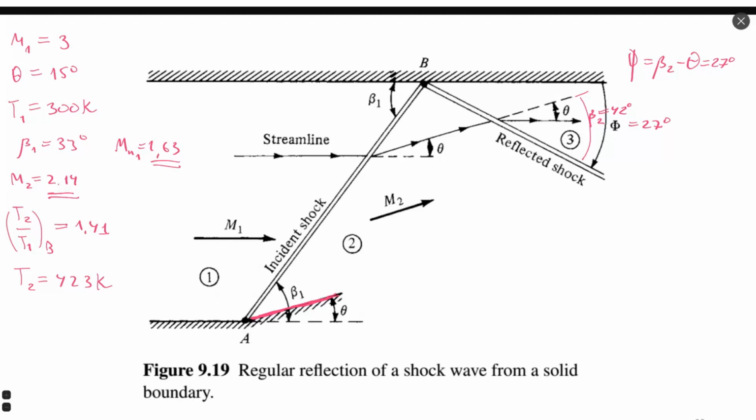Okay, I have beta 2. Using this beta 2, I can calculate my normal Mach number from region 2 to 3. MN2 I will calculate as M2 multiplied by sine of beta 2.